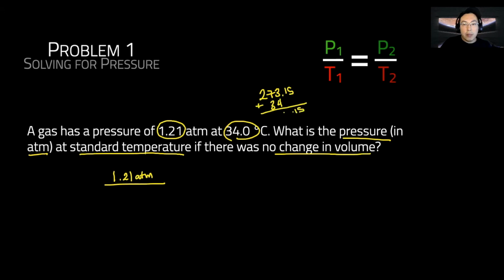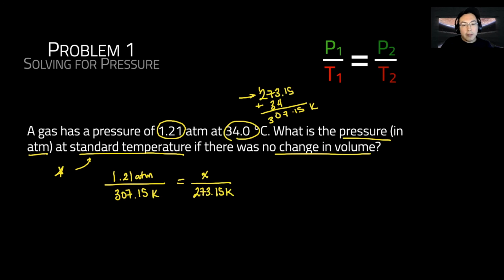So we get the temperature to be 307.15 Kelvin, right? At this point, this is Kelvin. Equals the new pressure, which is going to be our X, over the standard temperature. Again, attention here. Standard temperature is this number that we keep adding to everything. So this is going to be 273.15 Kelvin, right?